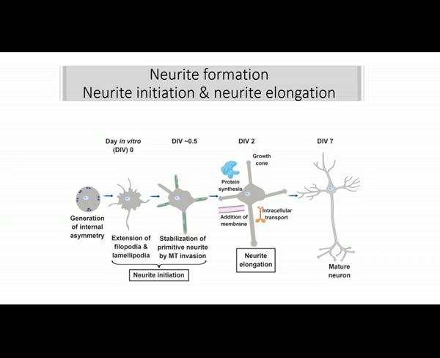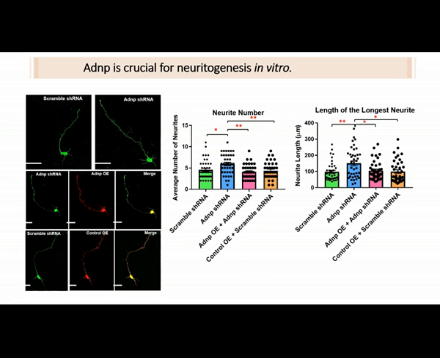In our study, we focused on the ADNP functions in neuronal morphology, especially neurite initiation and elongation. In the in vitro cortical neuron culture, we knocked down ADNP by shRNA and analyzed the neurite number from the soma and neurite length.